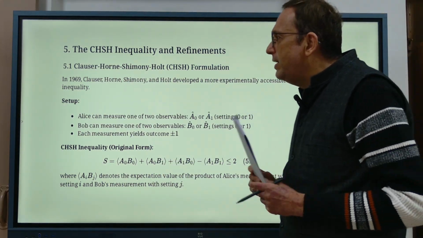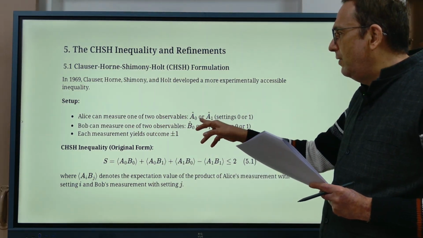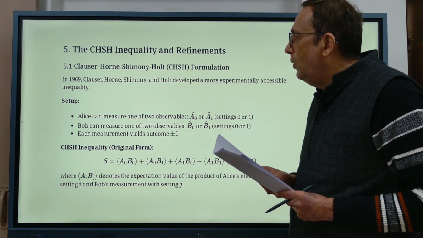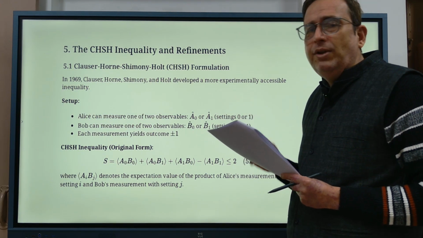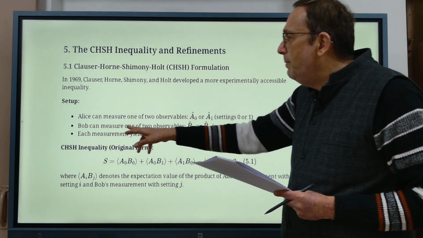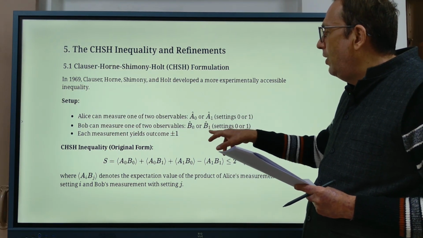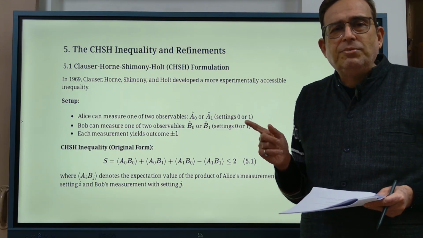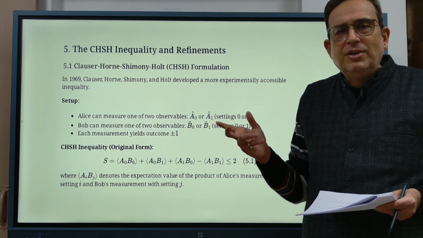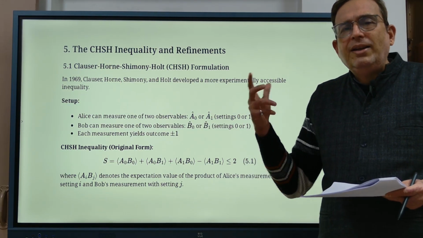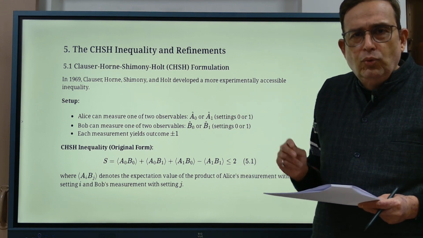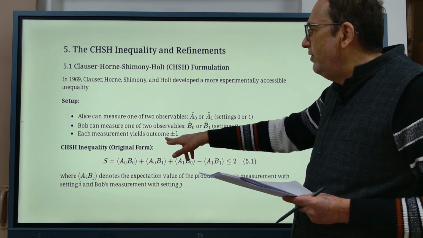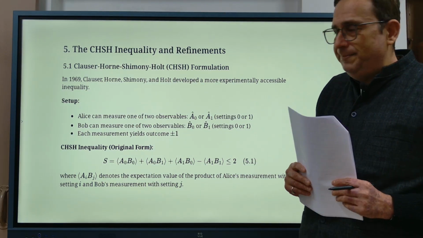What they did was that Alice can measure one of two observables, A0 or A1. Bob can measure one of two observables, B0 and B1. So Alice and Bob now are not measuring one observable, they are measuring two observables. They can measure either one of those, and each measurement yields an outcome plus or minus 1.